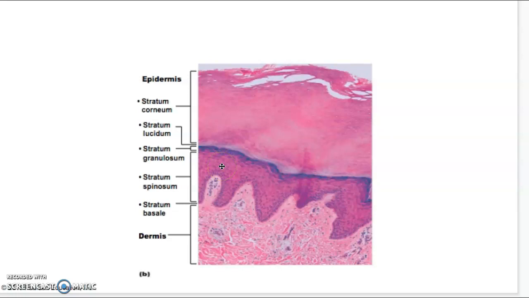I just think of this stratum spinosum as the area above the thin stratum basale and below this dark layer, which is the stratum granulosum. This image is of thick skin, so above the stratum granulosum we have this light layer of the stratum lucidum, and then we have this very thick layer of the stratum corneum.